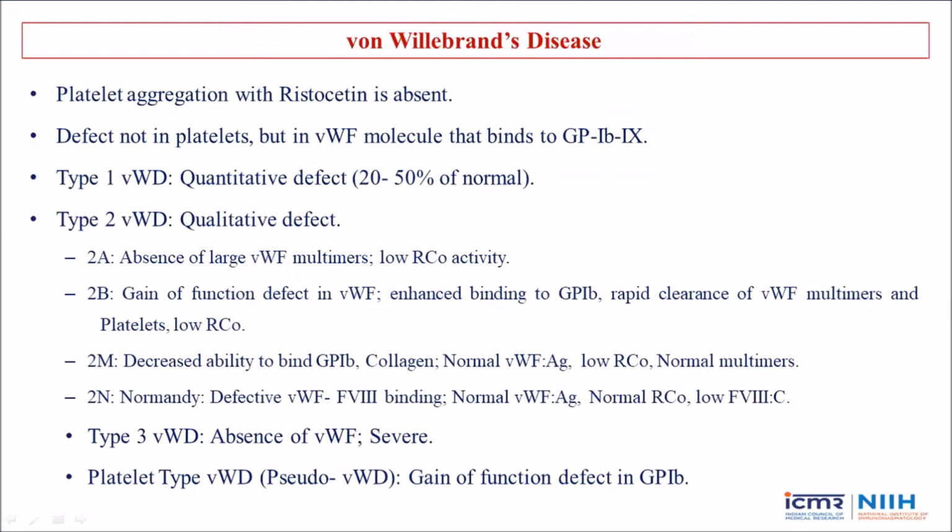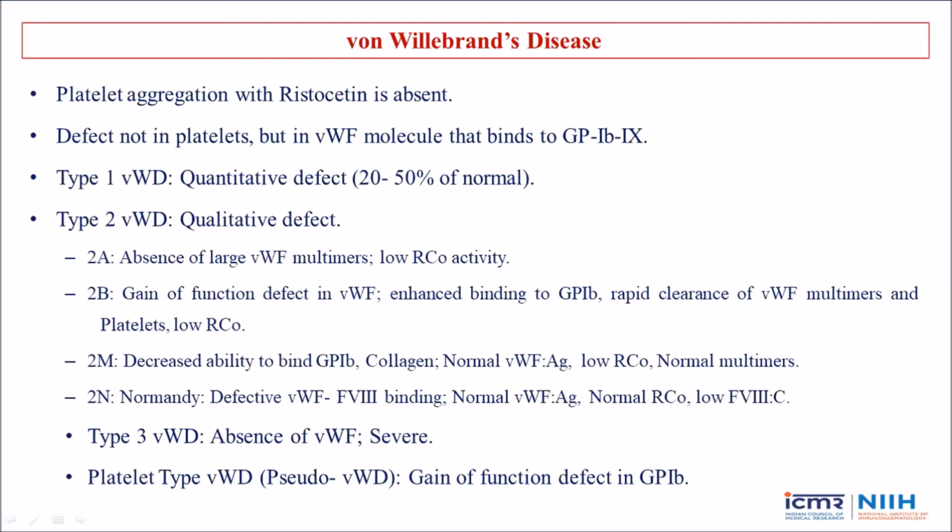Now, coming to von Willebrand disease. The von Willebrand disease workup in itself is a specialized investigation, because it involves a complete battery of investigations. Platelet aggregation with ristocetin is absent. The defect is not in the platelets, but in the von Willebrand factor molecule that binds to the GP1B9.